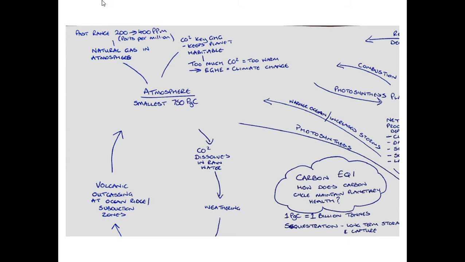So that's the main store, held within the air. Now, the carbon can get there through volcanic outgassing from the geological store. But we can also see that combustion of plants and decay and decomposition of plants can release carbon into the atmosphere.